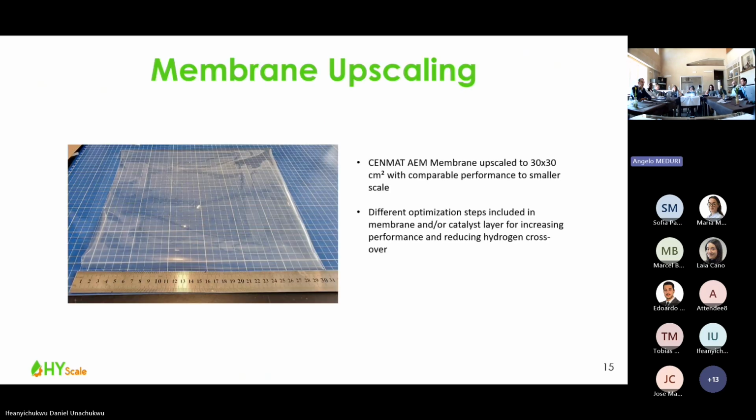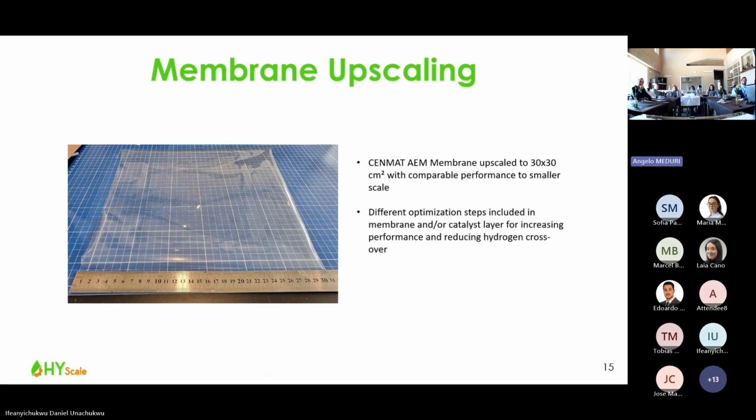Then for the second test bench design, like Daniel already showed, the membrane was upscaled to 30 by 30 centimeters. We will use 20 by 20 for the stack, and it has comparable performance to a smaller scale.